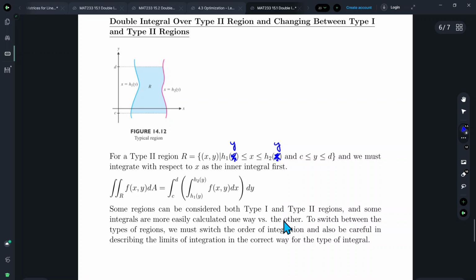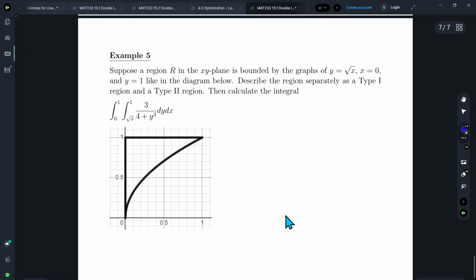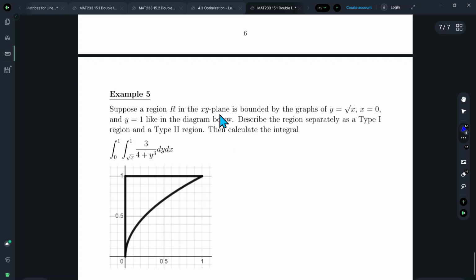So with that in mind, let's take a look at an example. Here we have this region R that's being described as the boundary of the graphs y equals square root of x.